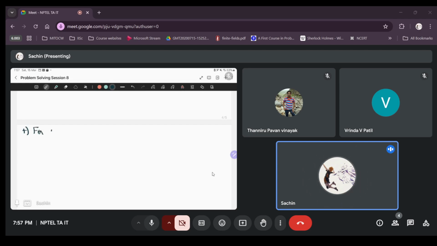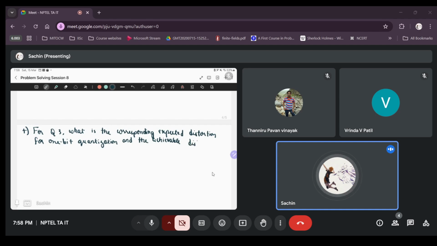For Q3, what is the corresponding expected distortion for 1 bit quantization and the achievable distortion rate bound for R equals 1?